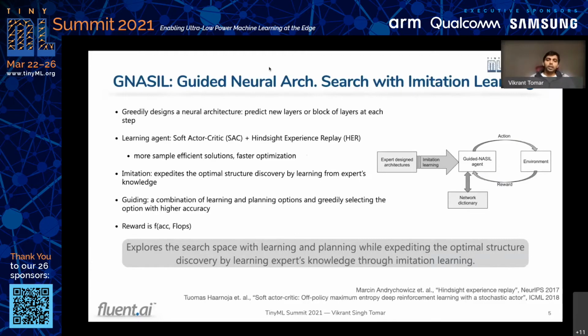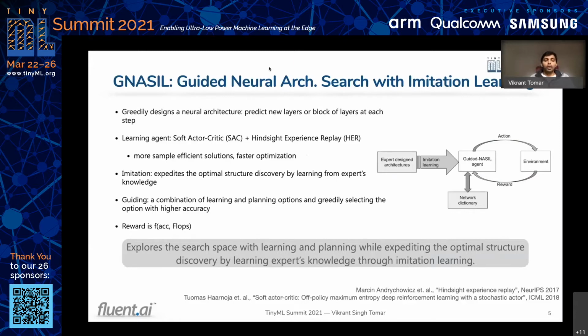GNASIL also takes advantage of expert designed architectures using imitation learning, and it keeps a dictionary of all the discovered architectures or neural structures and uses those in combination with the learning from the RL agent to decide upon a new architecture layer by layer.